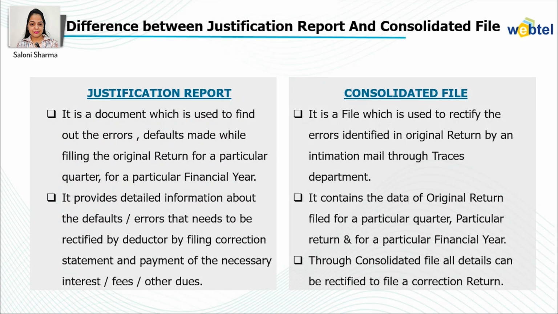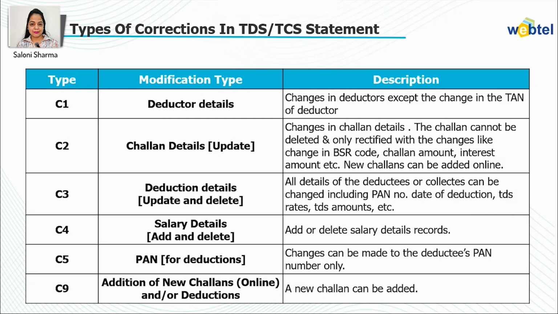And through the consolidated file, all the details can be rectified for filing a correction return. So this is the major difference between the justification report and a consolidated file: the justification report is only to view the errors and defaults that have been identified in the filed return, whereas the consolidated file is used to file a revised return.